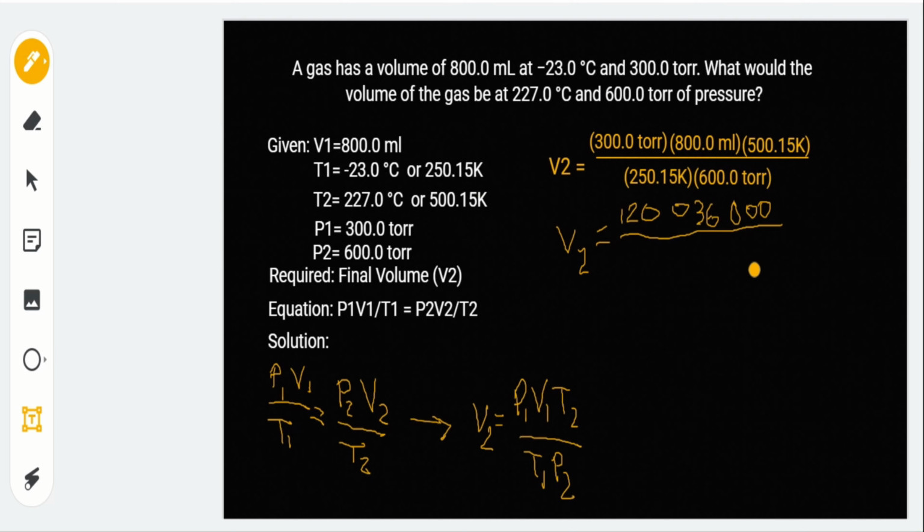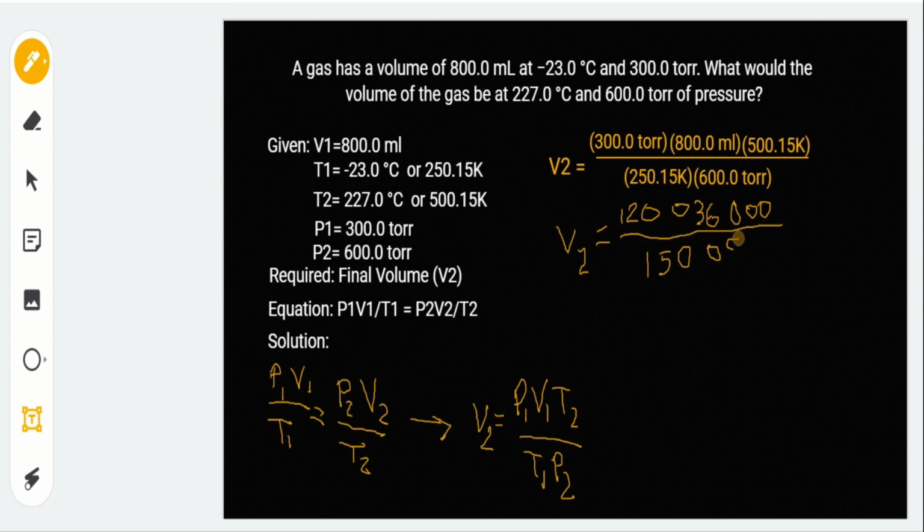Okay, and of course for our denominator we have 250.15 Kelvin, multiplied by the final pressure, which is 600.0 torr. So the product is 150,090.